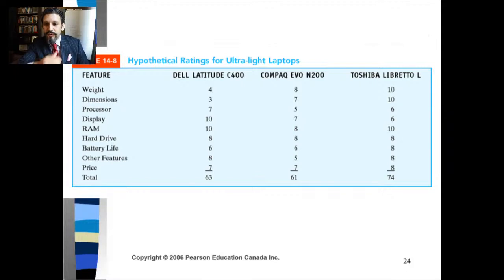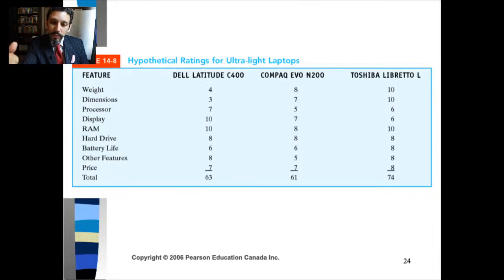So just to give you a hypothetical rating. If you're looking at three products here in this table, they've done three products: the Dell laptop, Compaq laptop, Toshiba laptop. Okay, does Compaq still make laptops? I'm not really sure, but okay. So what are the features we're looking at? For somebody, weight could be a feature, the dimensions, the processor speed, the display, the RAM, hard drive, battery life, other features, and the price.